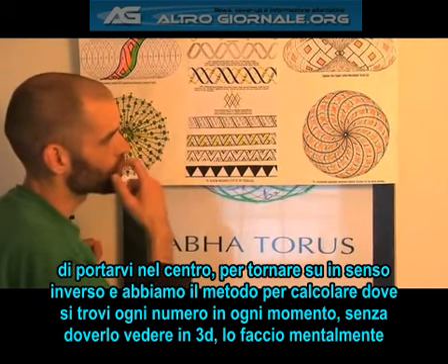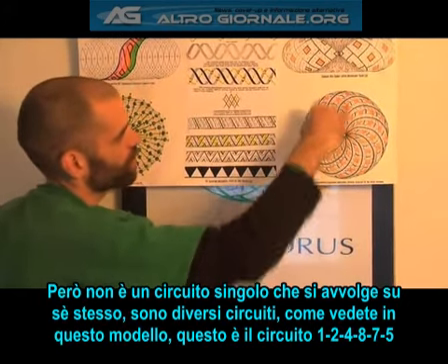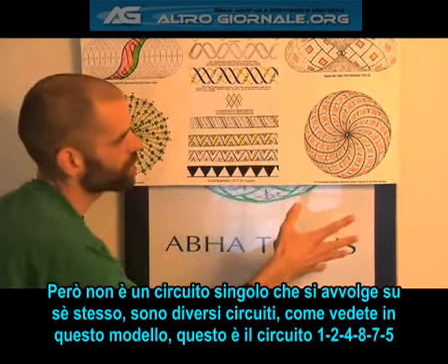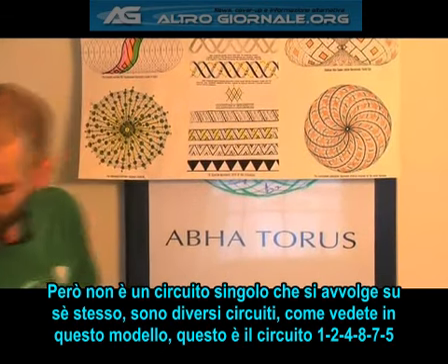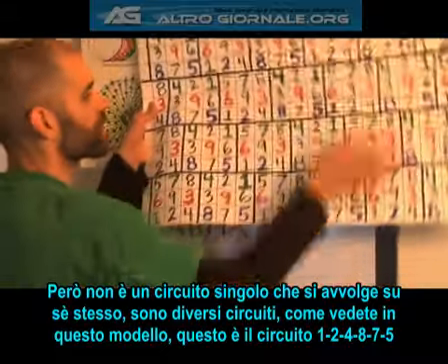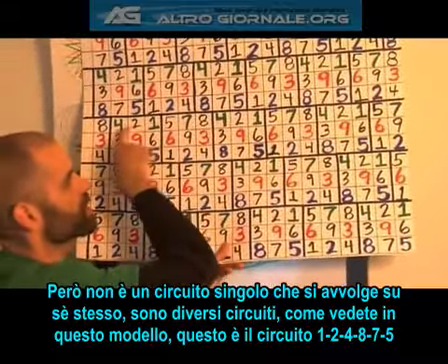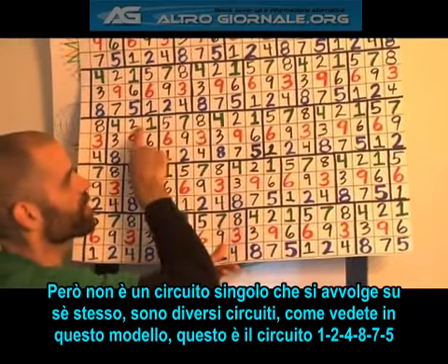It's really easy. But instead of this all being one circuit that went all the way around to connect to itself, it's really multiple circuits. So just to make sure you understand, what I'm showing on this model, here's what I said was a circuit. It's 124875.